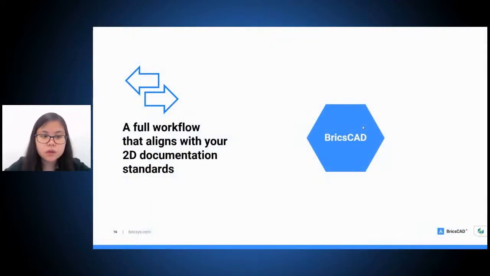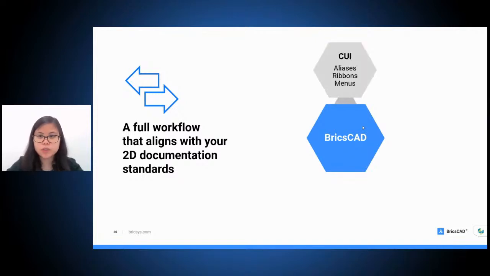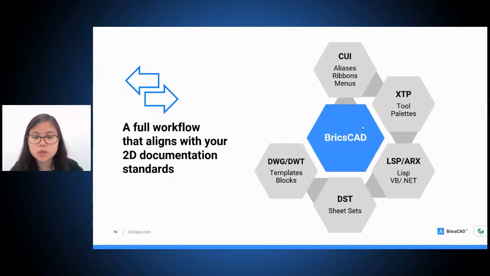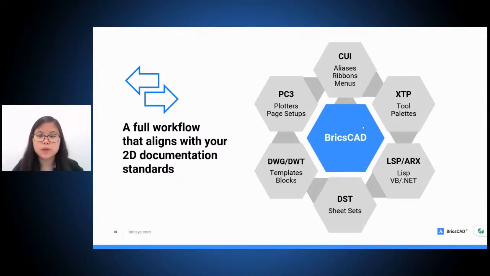So let us talk about this slide again, which we discussed earlier. These are the things that you already have in your library: your tools, tool palettes, CUIs, and LISP files. You have your DWT files, which are your templates, and then you may have your page setups. All of these have been built over the years.